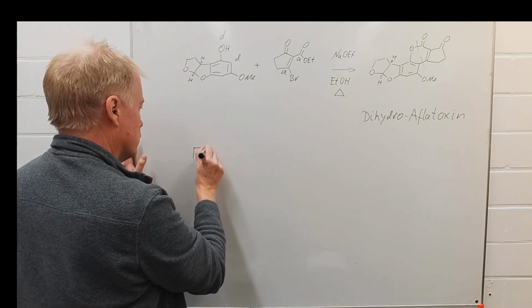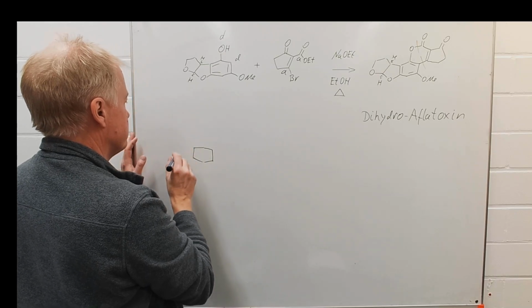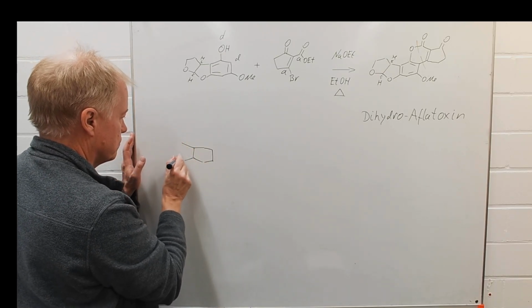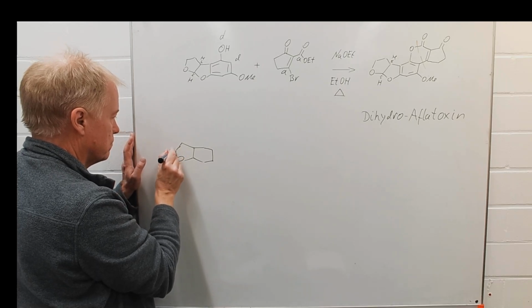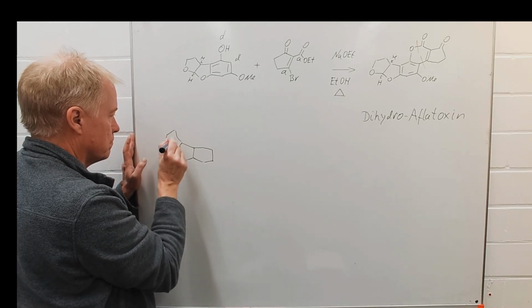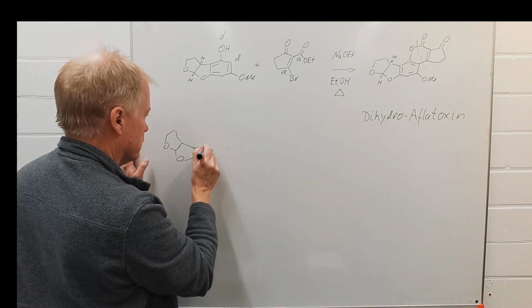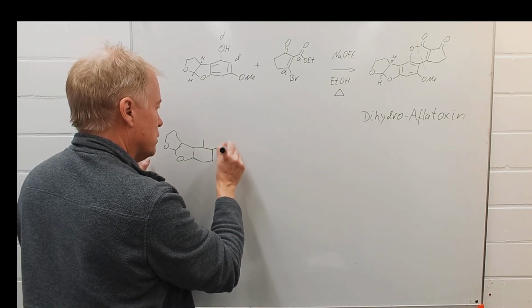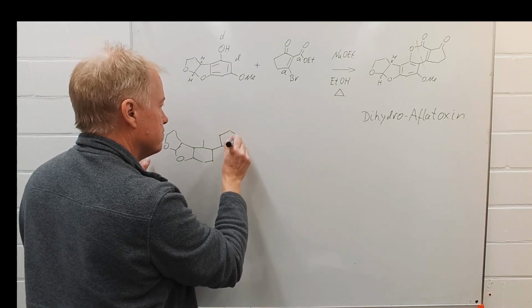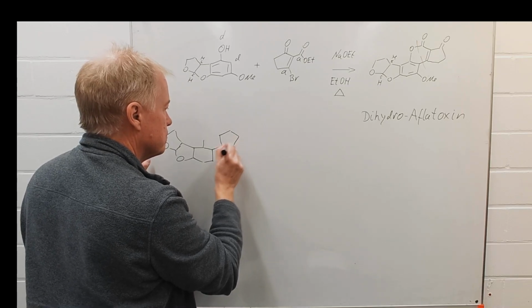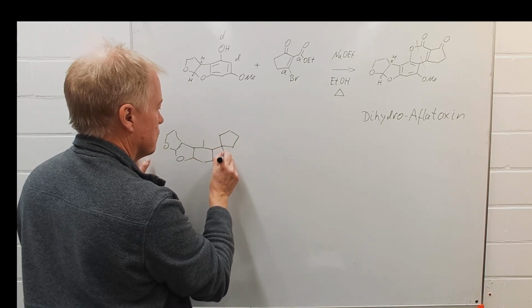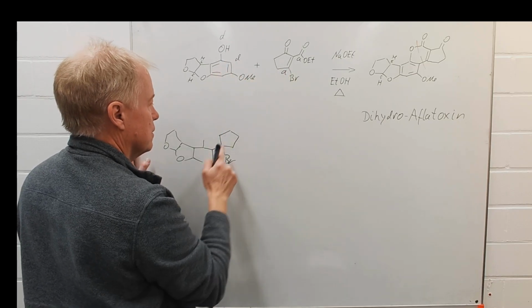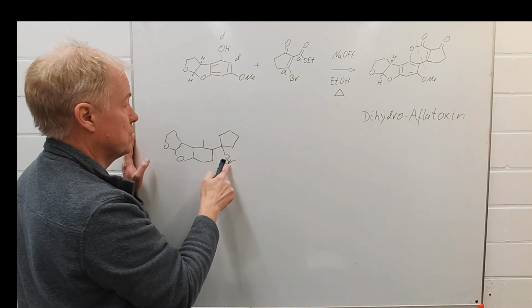Let us draw this. So, C-C bond formation between this position and that, the bromide is still sitting here.